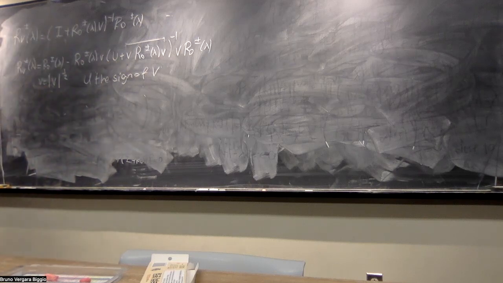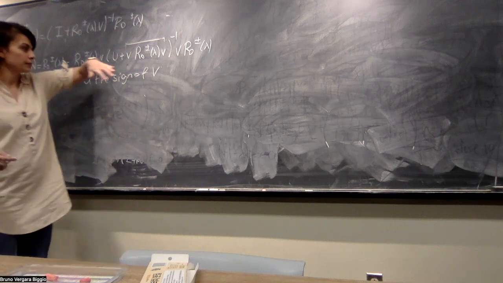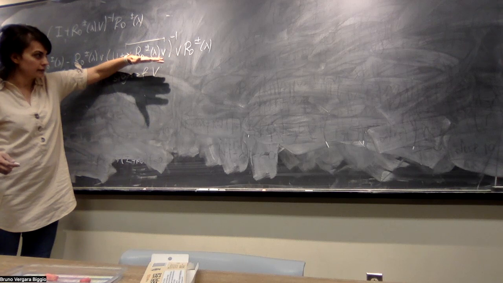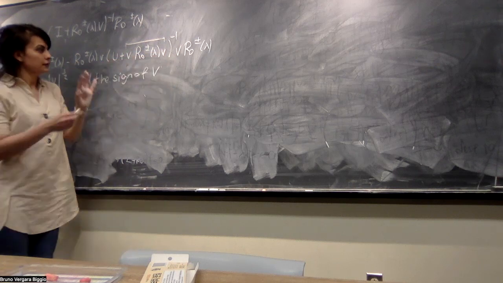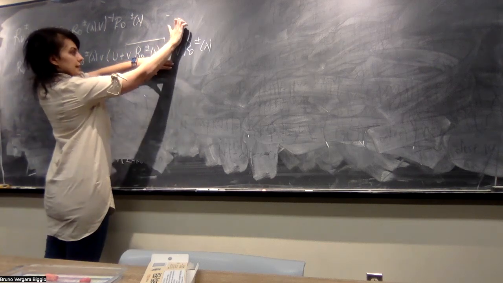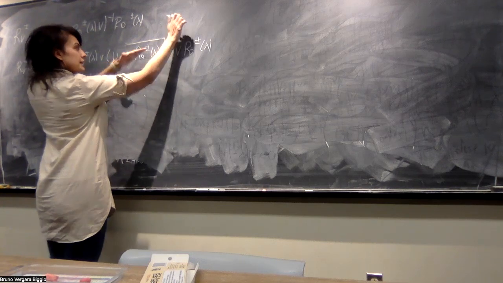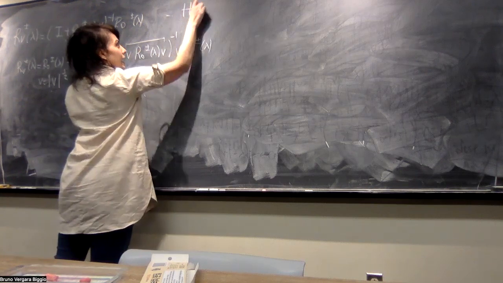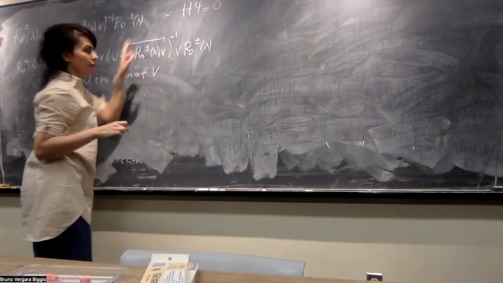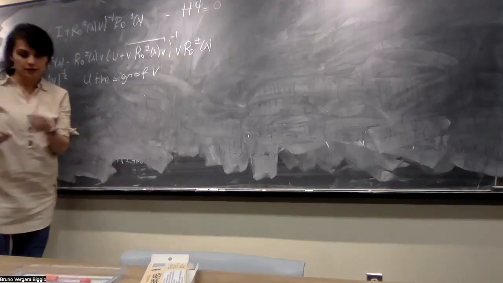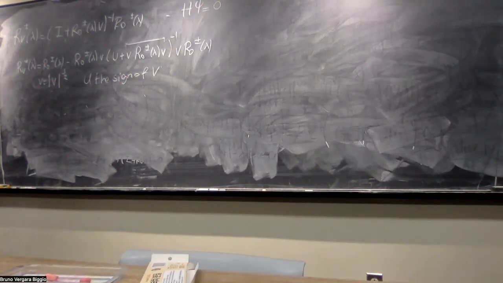In particular, as in the previous case, I'm going to find a function that solves this, and then something related to that function is going to solve HQ equals 0. Of course, this time I have 0 instead of another eigenvalue, because that's what I'm trying to understand.